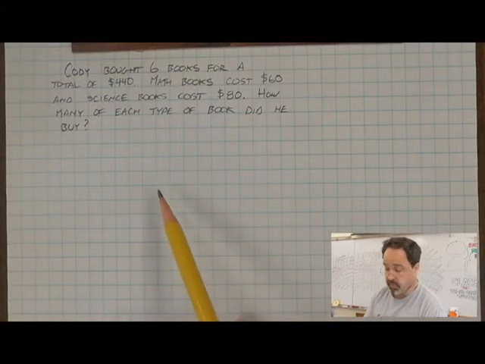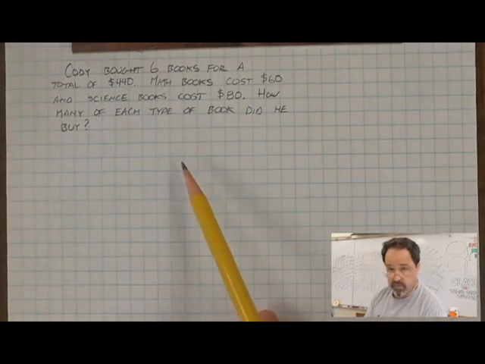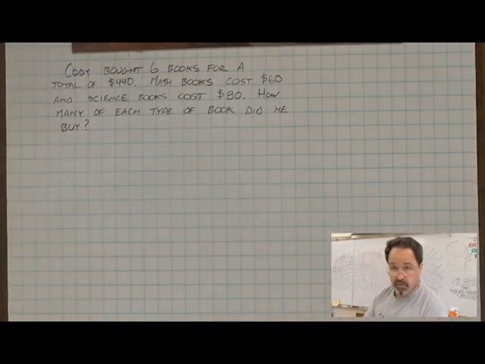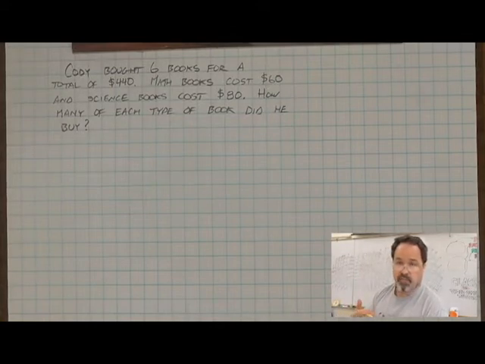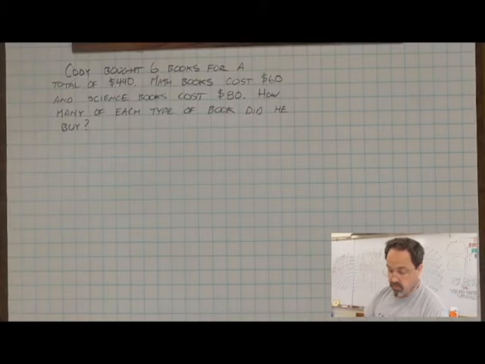The first is I'm going to reread this and attempt to understand the context or the real-world situation in my own mind, visualizing what might be happening before I attempt to work with any numbers or equations and solve it. I want to understand what's going on first. So I'm going to reread the problem and then explain it in my own words.